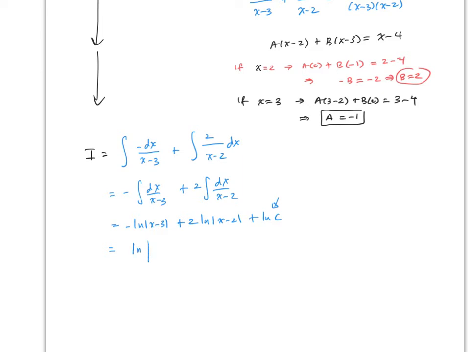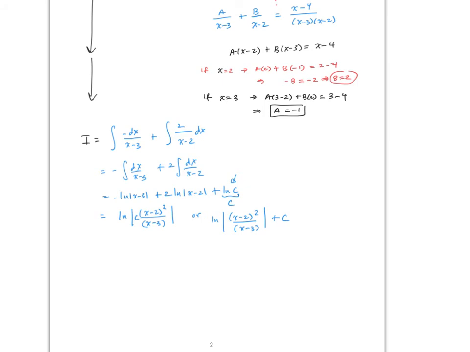So this will be ln of x minus 2 squared over x minus 3 times the constant in there. Or if you just want to write the constant by itself, this will be ln of x minus 2 squared over x minus 3, and then plus C. Both of the answers are correct.